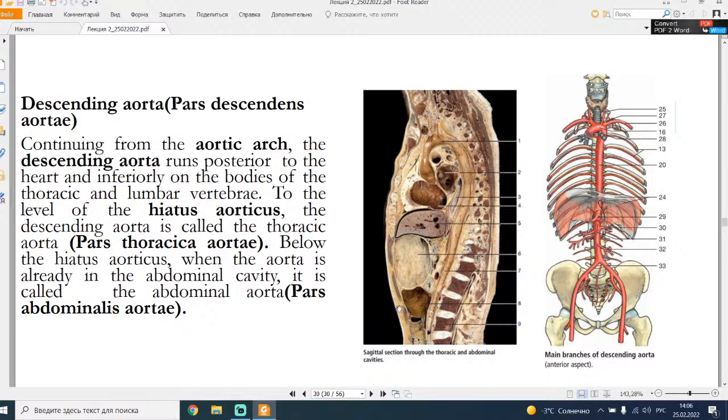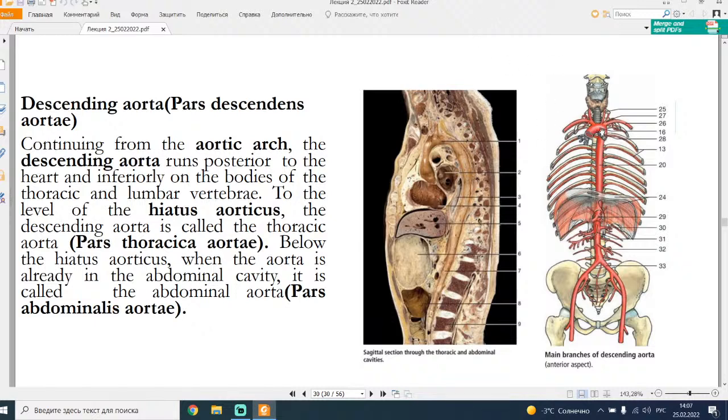To the level of the hiatus aorticus, the descending aorta is called the thoracic aorta, pars thoracica aortae. Below the hiatus aorticus, when the aorta is already in the abdominal cavity, it is called the abdominal aorta, pars abdominalis aortae.